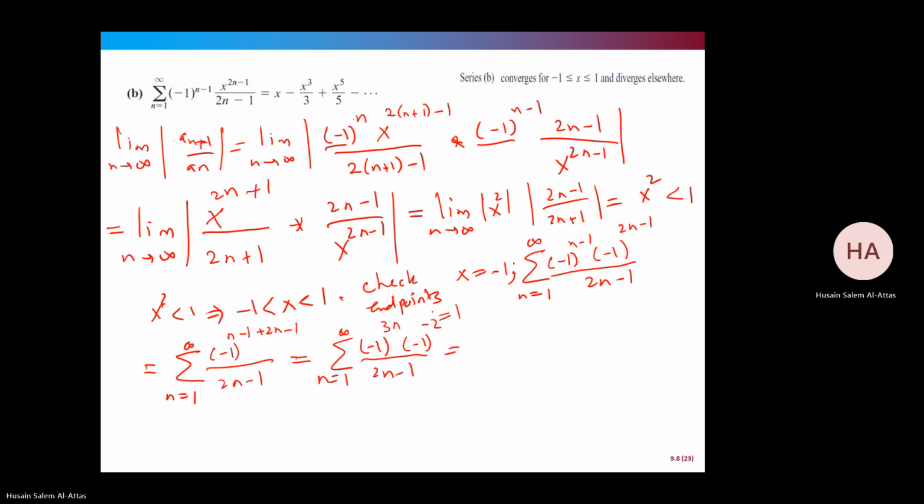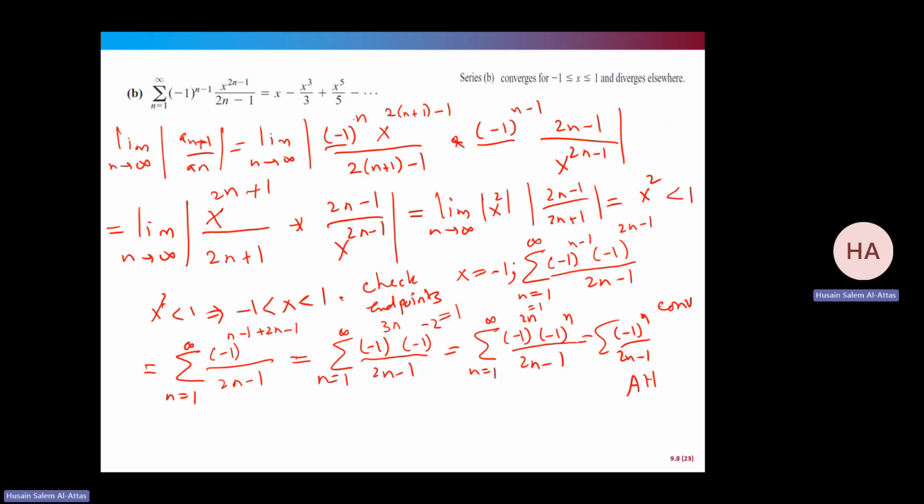Can write this as minus 1 to the power 2n, minus 1 to the power n, over 2n minus 1. This is 1 with an even power. So it is this one, which converges. Alternating harmonic series.